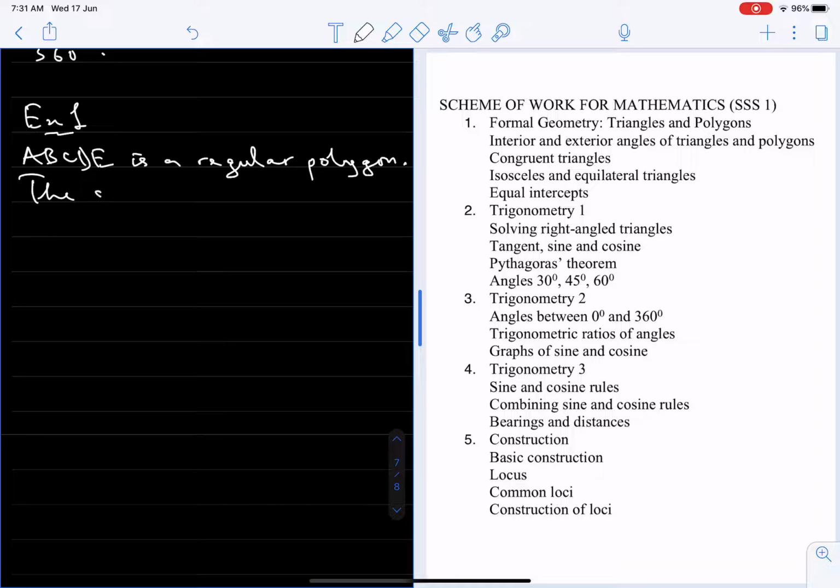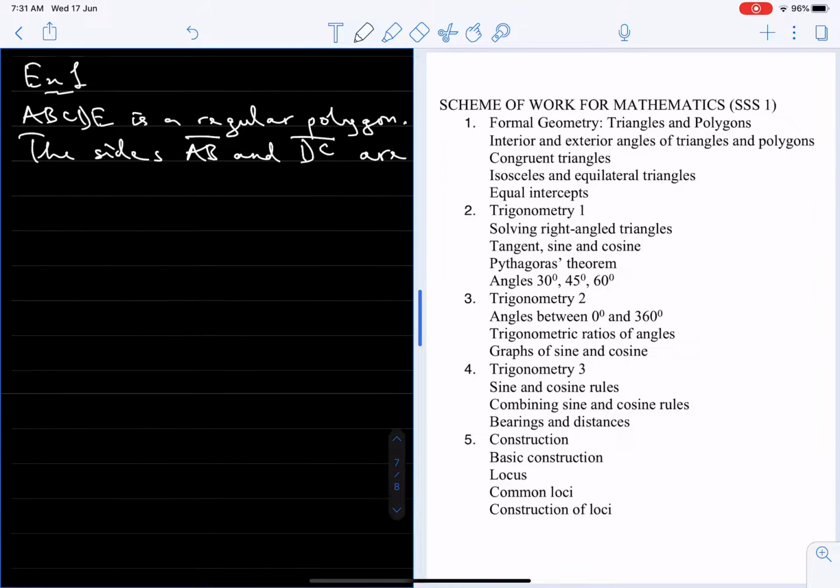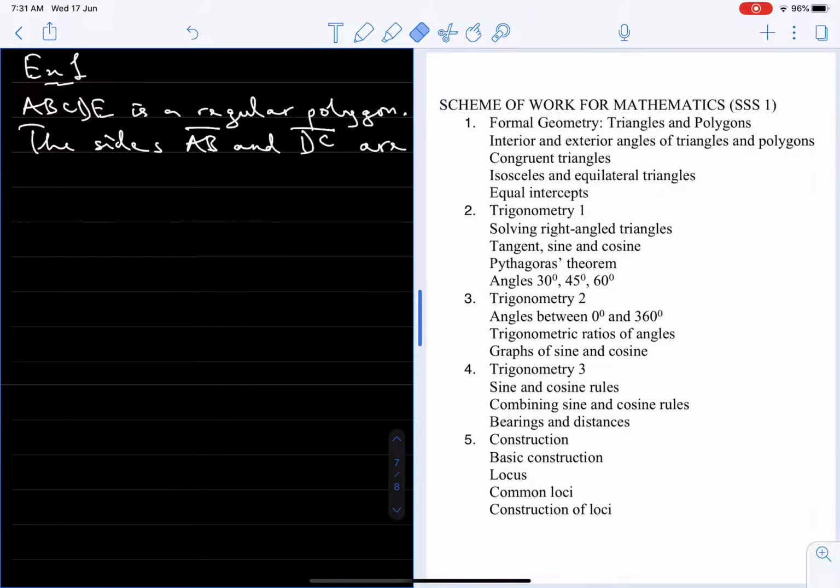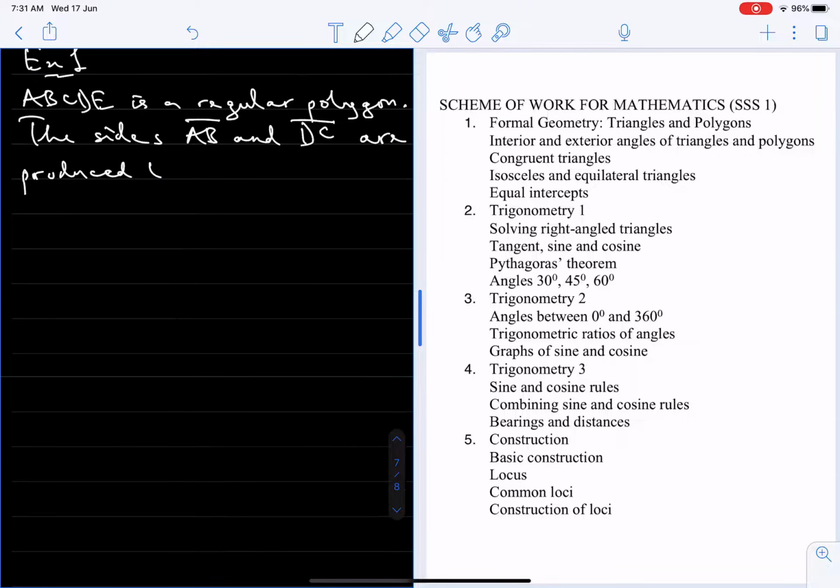The sides AB and DC are produced. That means they are made longer, are produced to meet at X.